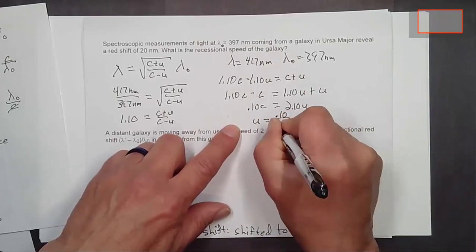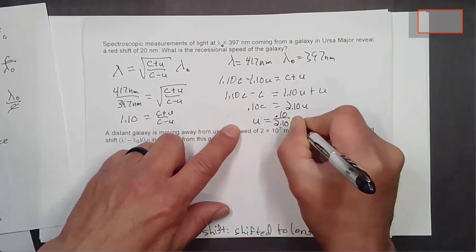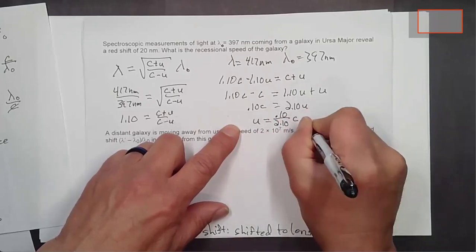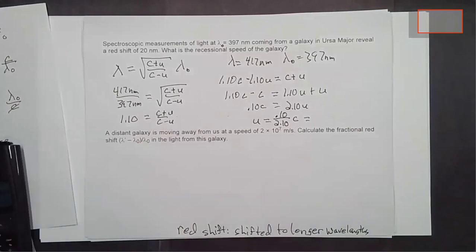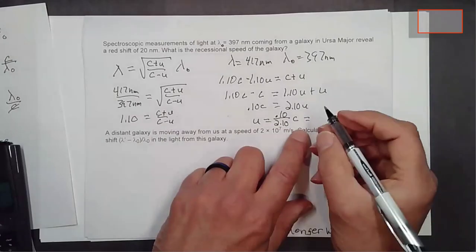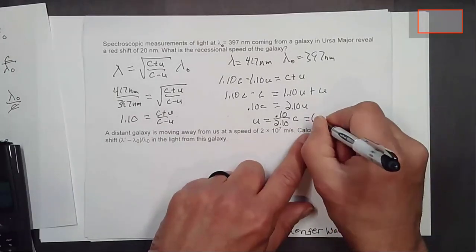0.10 over 2.10 times the speed of light, which is about 0.048.